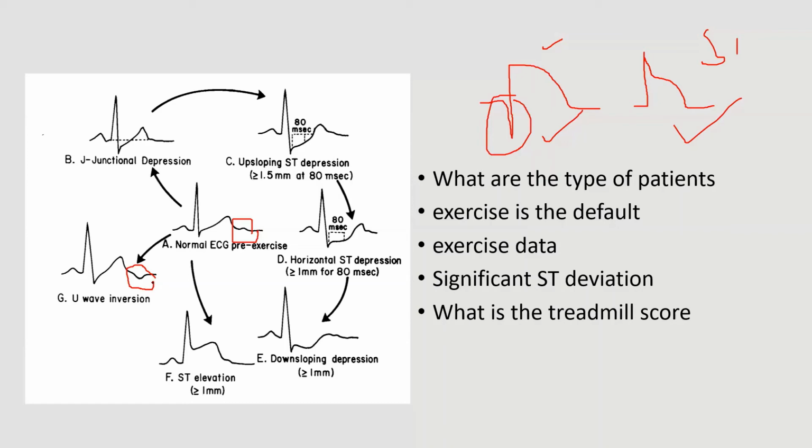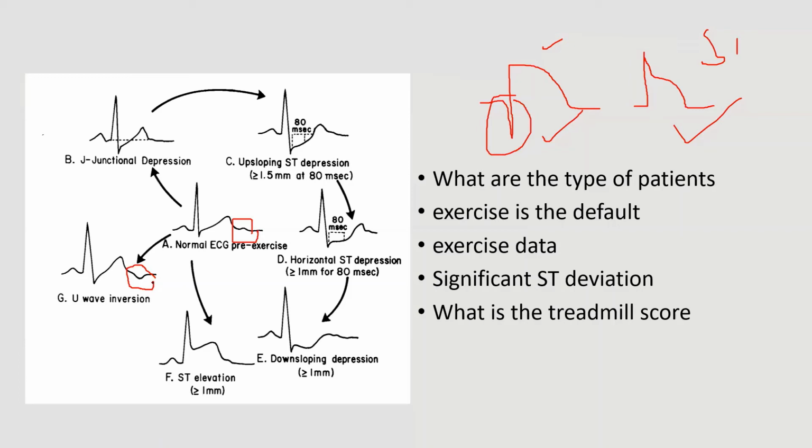If you have inversion in the U wave, it means that in exercise ECG, it's not only about the ST segment depression. Even the ST segment depression has to be described elaborately. Then you also have to look at the U wave.